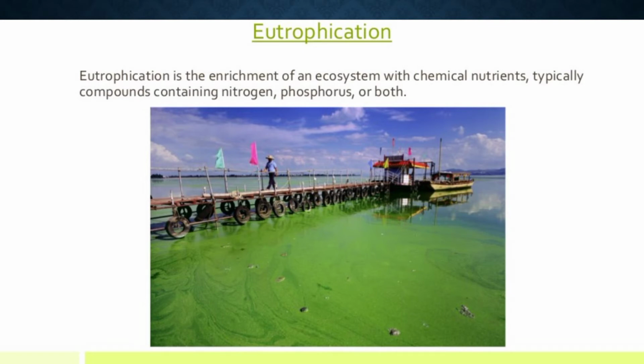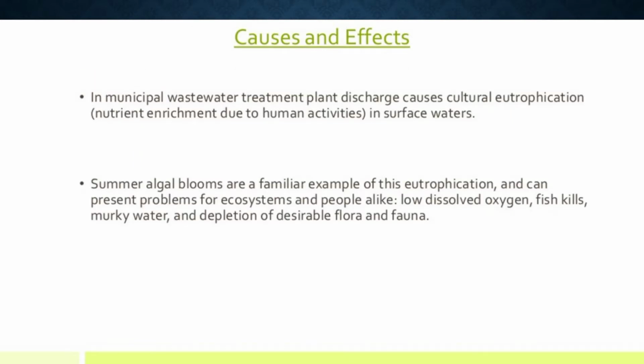Here is eutrophication. Eutrophication is the enrichment of an ecosystem with chemical nutrients, typically compounds containing nitrogen, phosphorus, or both. Here is causes and effects of eutrophication. Municipal wastewater treatment plant discharge causes cultural eutrophication, nutrient enrichment due to human activities in surface water.